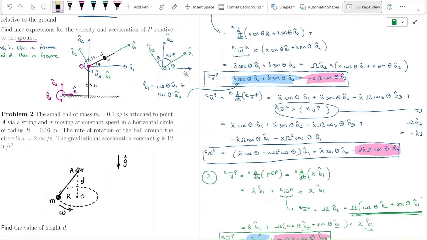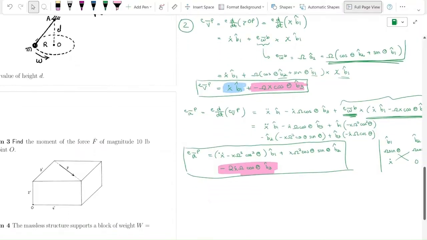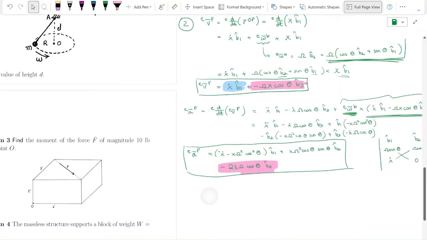So I'm going to write B2 hat is equal to, in terms of the A frame unit vectors, negative sine theta in the A1 hat direction, plus cosine theta A2 hat. Right, we go this way and then we go this way. And using trig, we find the vector projection. So I think if I plug that in down here, it would give me the answer.